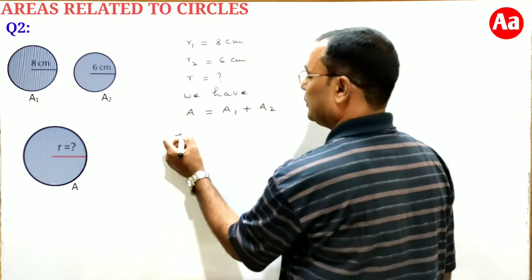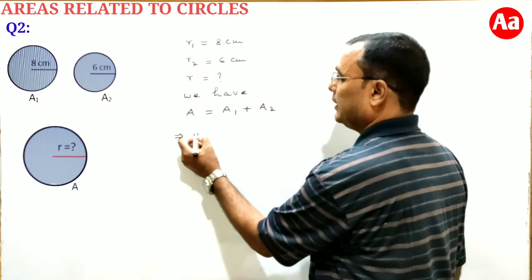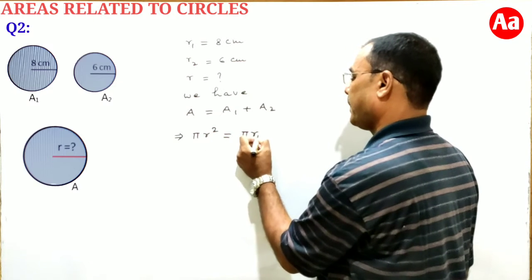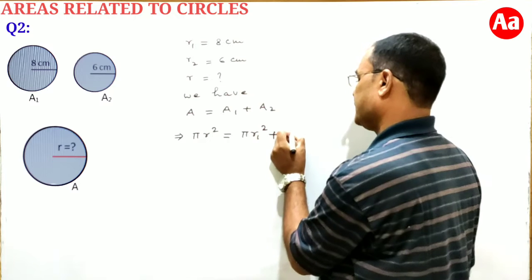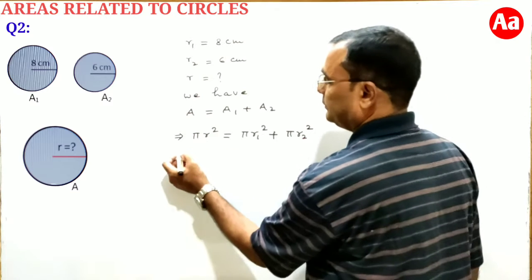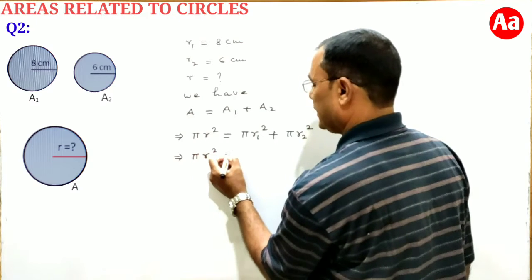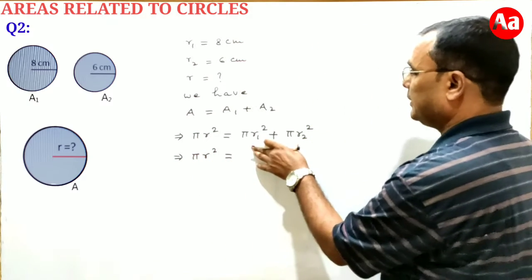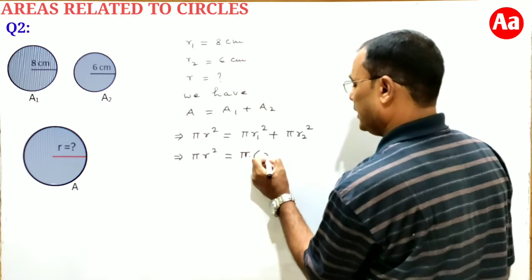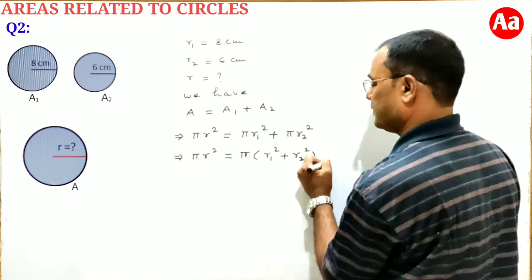Now using formula for area of a circle, we can write pi r square is equal to pi r1 square plus pi r2 square, and this implies pi r square is equal to, pi can be taken common from right side, so we can write pi into r1 square plus r2 square.